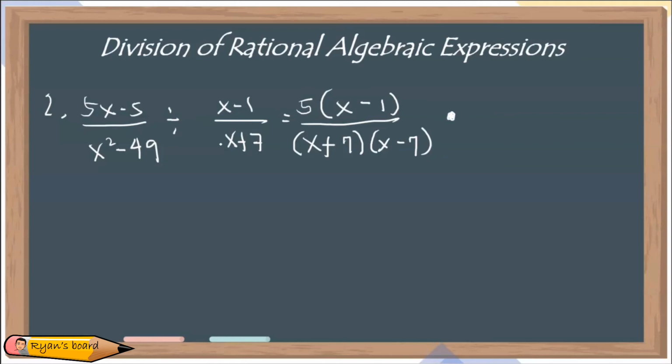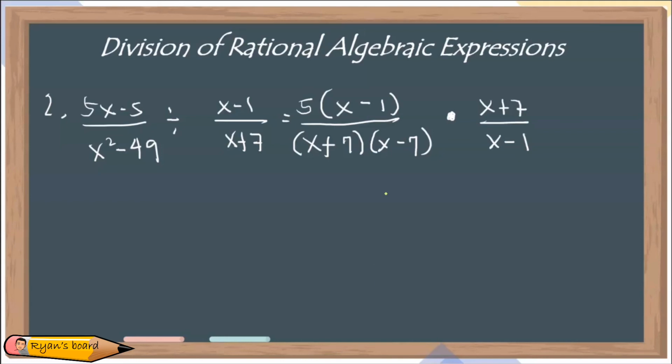Then, yung division, magiging times. Tapos, babalik ta rin natin to. So, find the reciprocal. So, yung x plus 7, magiging numerator. Ano ang factor ng x plus 7? I think wala na. No, that's not factorable. Okay? Itong x minus 1 naman, lalagay natin sa baba. Ano namang factor niyan? Wala na rin. So, we just copy x minus 1.